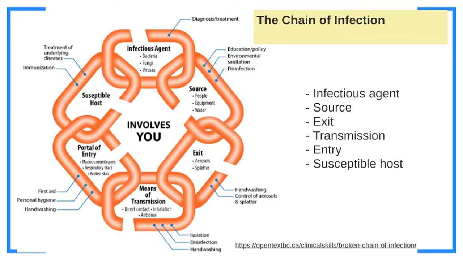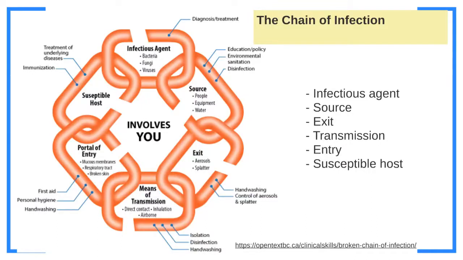It can be either by a sneeze or a cough. The means of transmission might be airborne: you sneeze and that organism can go through the air and you can inhale it. It can be direct contact through a glass, depending on what the organism is.